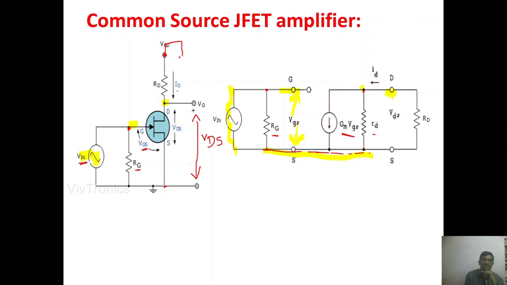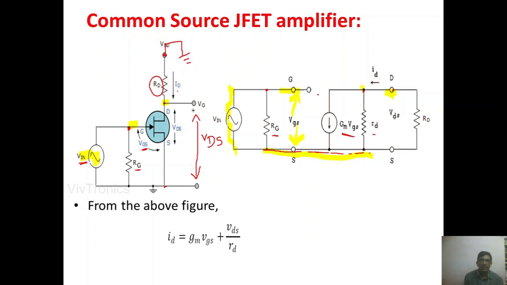Therefore VDD has been grounded, and the drain resistance RD is between the drain terminal and the ground terminal, which is the source. That is how we draw the common source JFET amplifier equivalent circuit. Now we are going to get the three parameters of the common source JFET amplifier: voltage gain, input impedance, and output impedance.